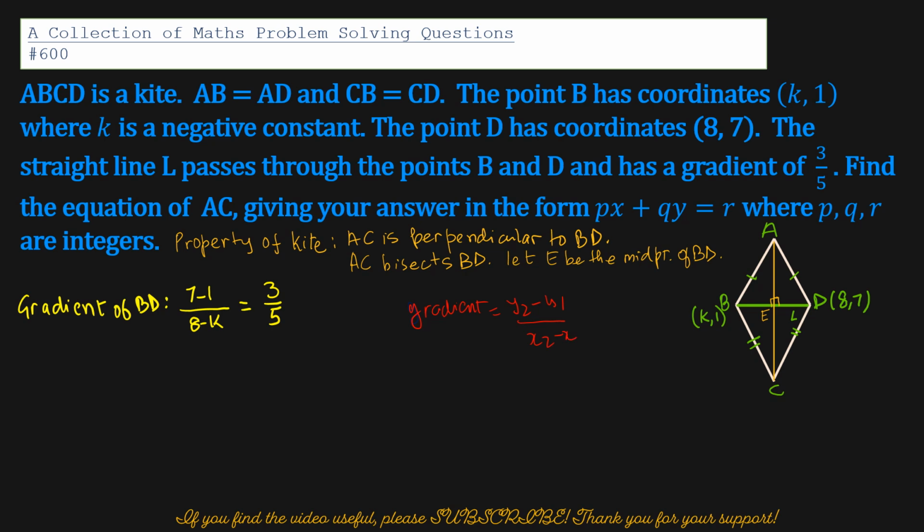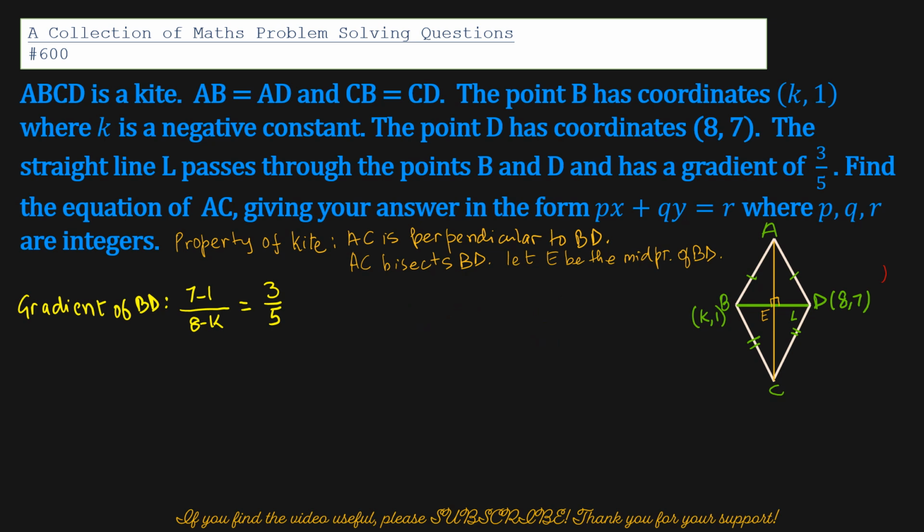So if point D was (x2, y2), and point B was (x1, y1), then y2 minus y1 would be 7 minus 1, divided by 8 minus k, and that would equal 3/5.